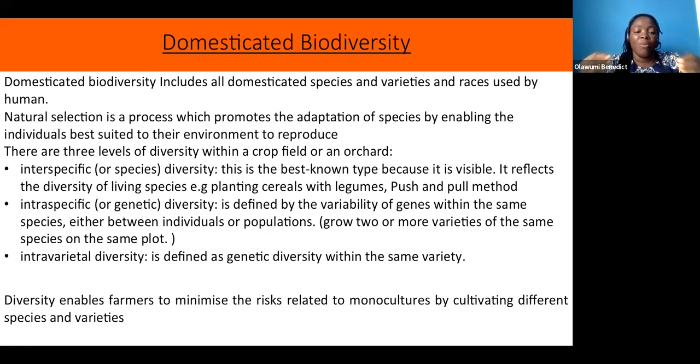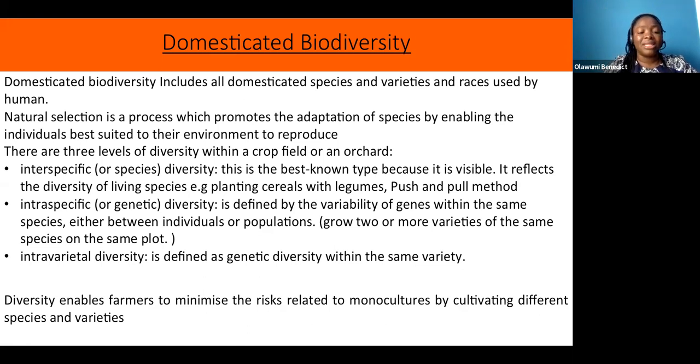So we have a variety, but there's diversity even inside that variety itself. For example, there's a variety of avocado, and within the avocado there's still gene diversity. There's still variety inside that has a type of avocado.